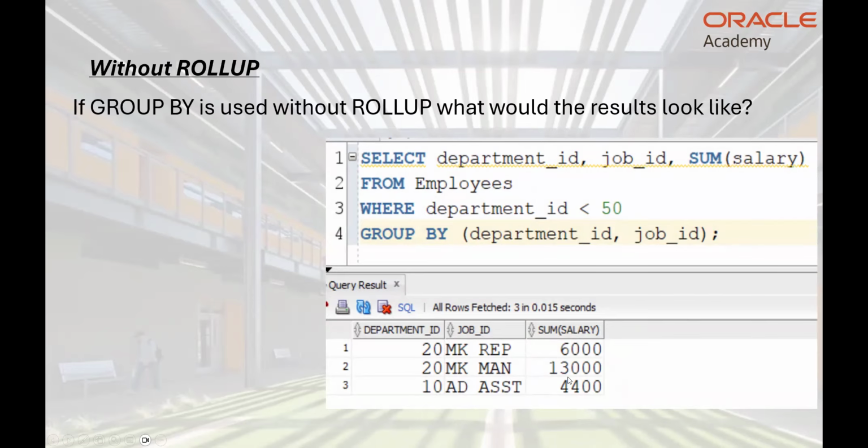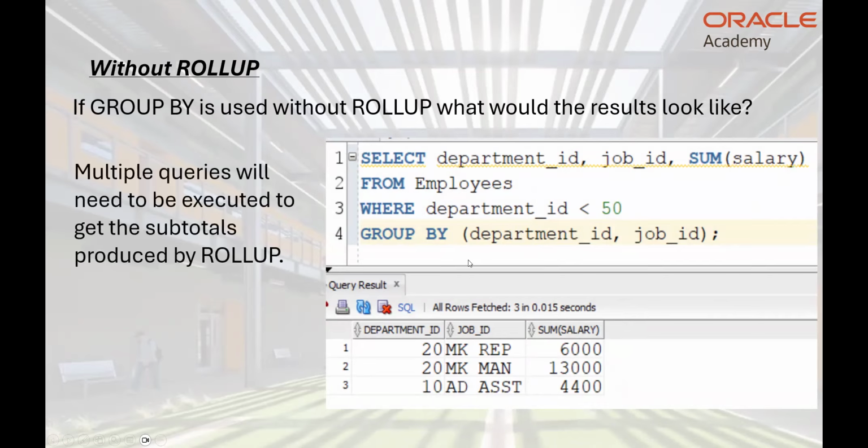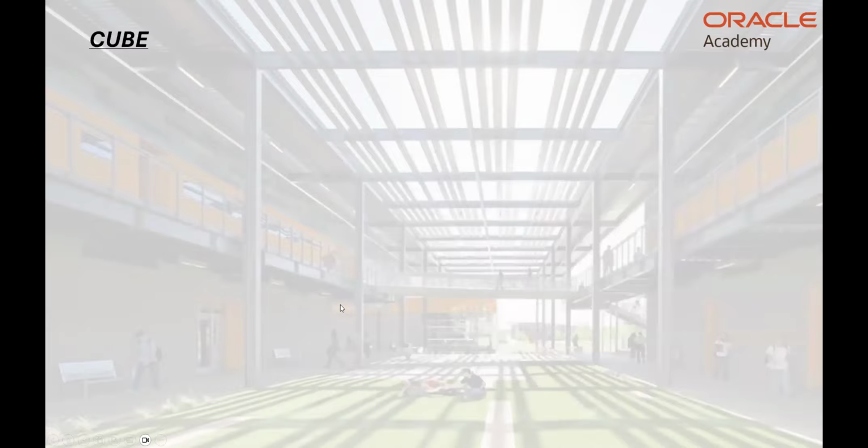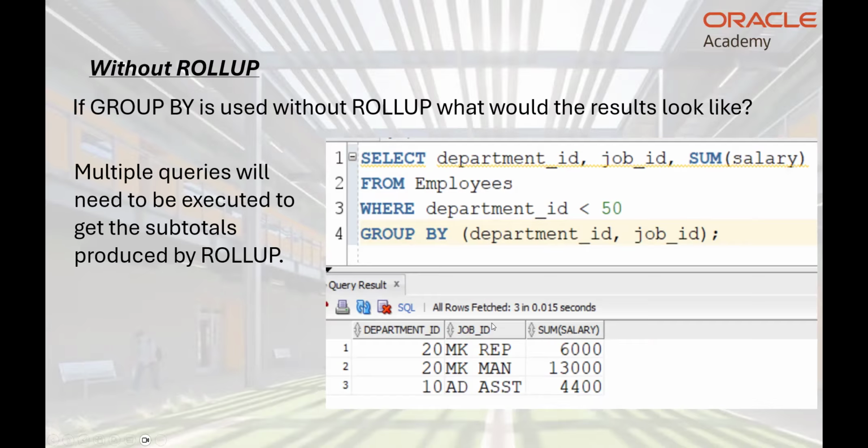You just get the sum for each of the job IDs in the department. I don't know, with this simple database, probably that would be enough. So we're saying that multiple queries would need to be executed to get the subtotals. So that's the whole idea of the roll-up. Get that subtotal and a grand total through only one query.